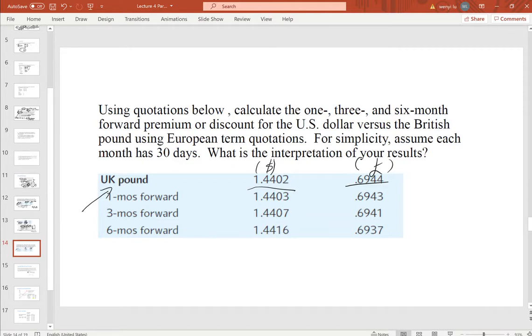So 1 pound equal to 1.4402 on the spot market, and 1 in the forward will be 1.4403. You can see for the same pound, it will get more dollar in the future. So let's solve the premium or discount.